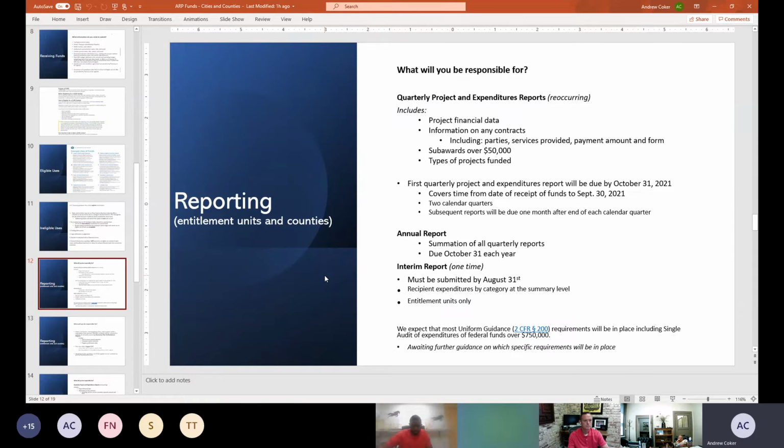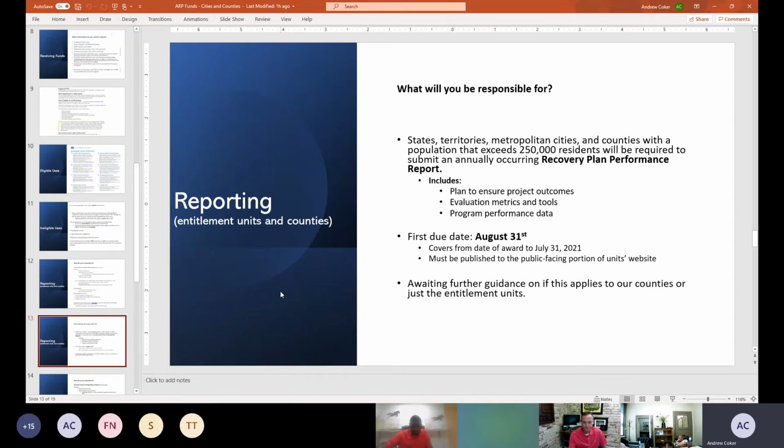So like I said, we're awaiting specific guidance for which of the uniform guidance are going to be required, and be cognizant that a federal audit will need to take place for expenditures over $750,000.